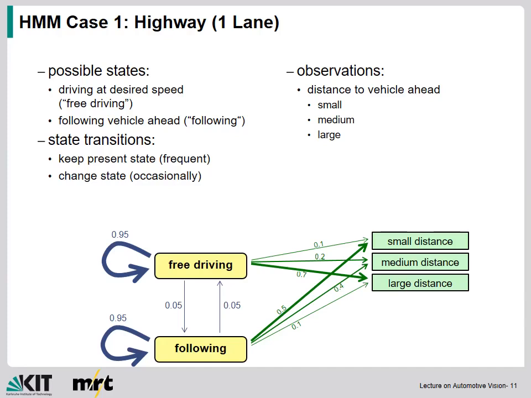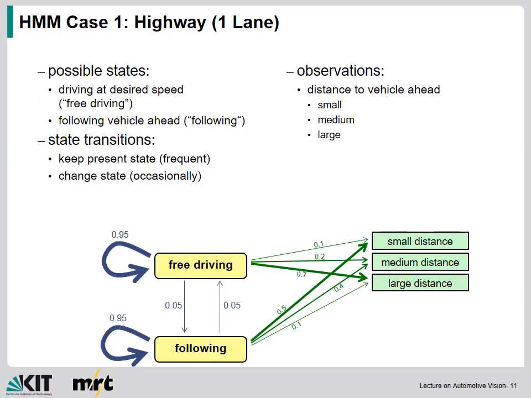Please be aware that the direction of the arrow indicates which kind of conditional probability we need to model. Namely, the probability of a certain observation given a certain state. So we assume that we know the state, and now we have to tell the system how likely it is that in such a state the observation looks like that.